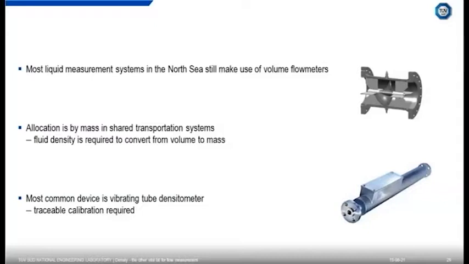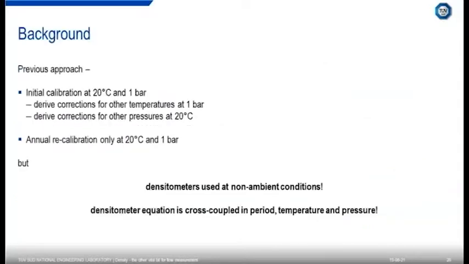So given everything I've said previously, it requires the same care in its traceable calibration as the flow meters in the measurement system do. And that brings us to the second point I made there about the calibration having to be fit for purpose.